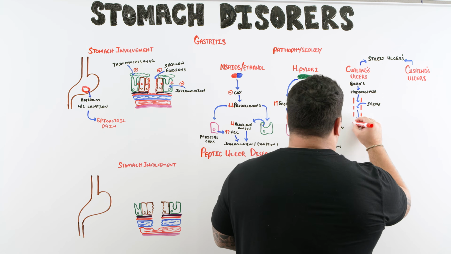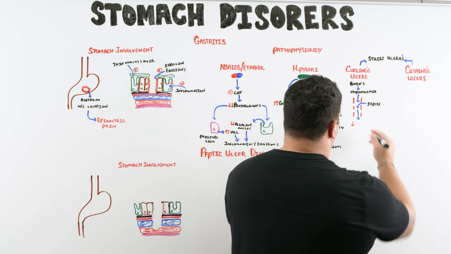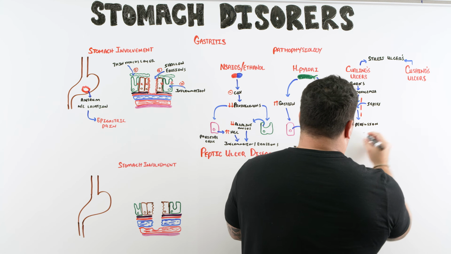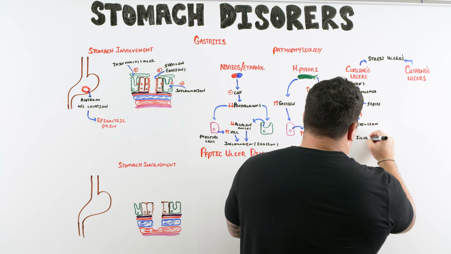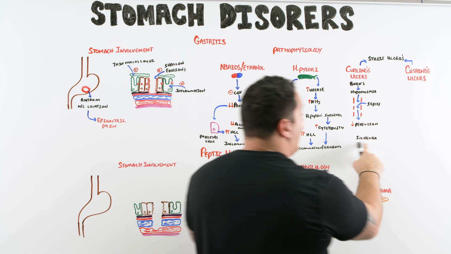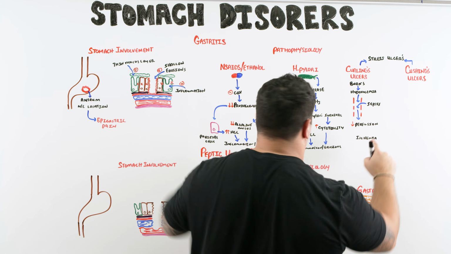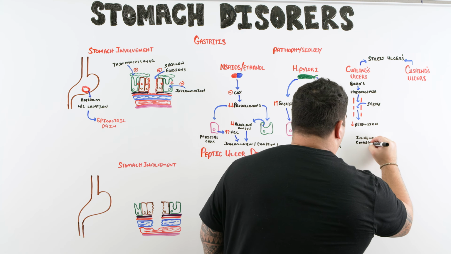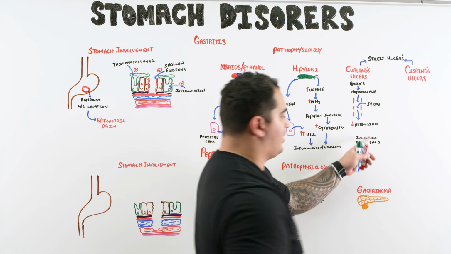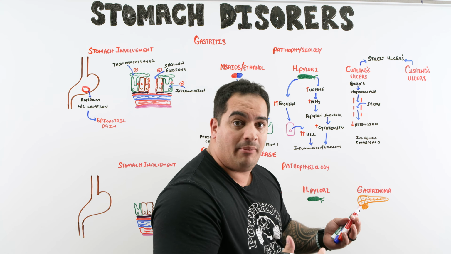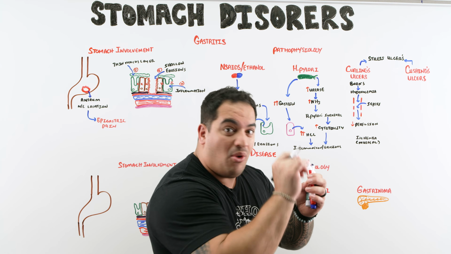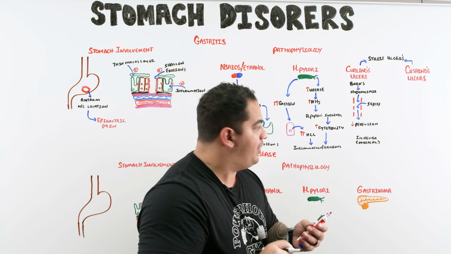So now if I have decreased perfusion to my tissues, what do you think is going to happen? I'm going to lead to ischemia. And if I lead to ischemia to the actual tissue of the stomach, the mucosal lining, so we'll put in parentheses, mucosal ischemia, what do you think can start happening? It'll cause massive inflammation from hypoxia, and it'll cause mucosal injury and some types of small erosions from maybe minor necrosis there.